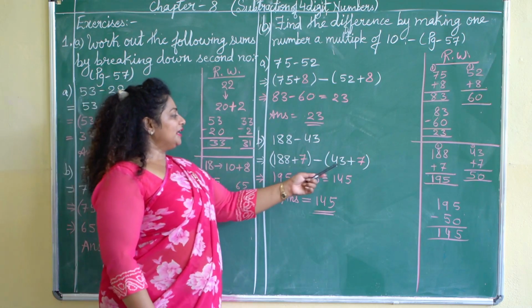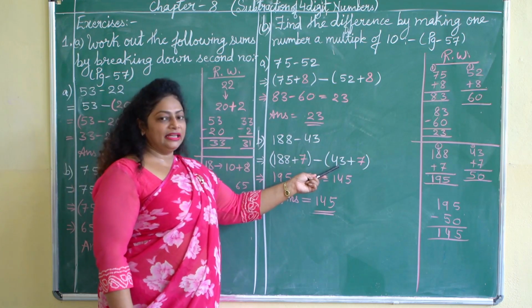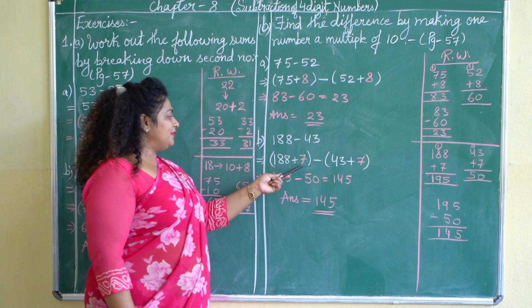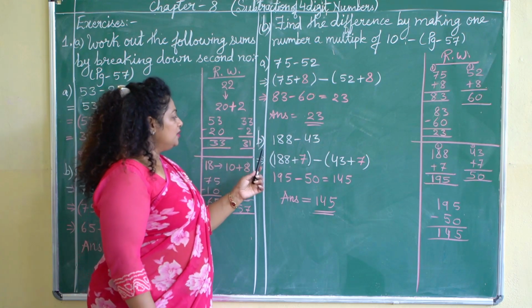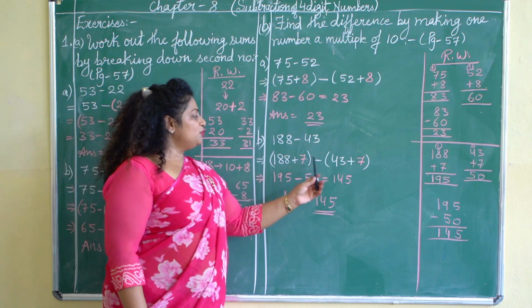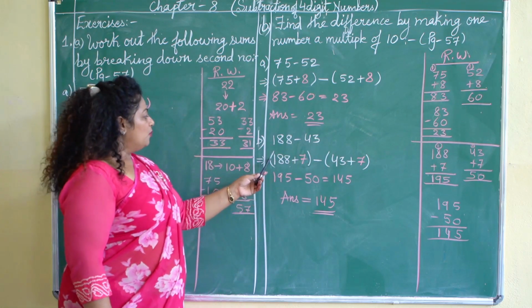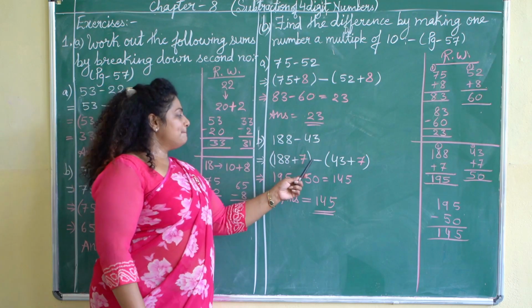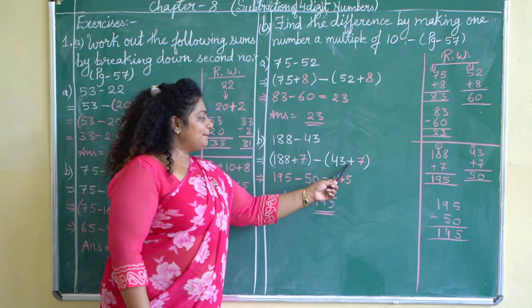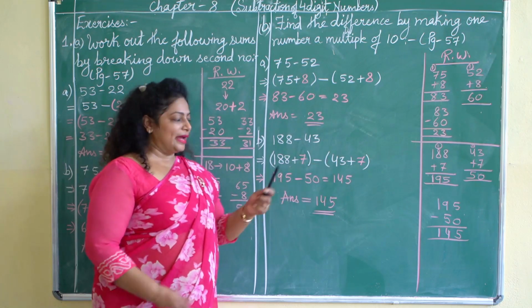Since we are adding 7 to 43, we have to add 7 to the other number also, that is 188. So now let us make two brackets: 188 plus 7 in one bracket minus 43 plus 7 in the other bracket.